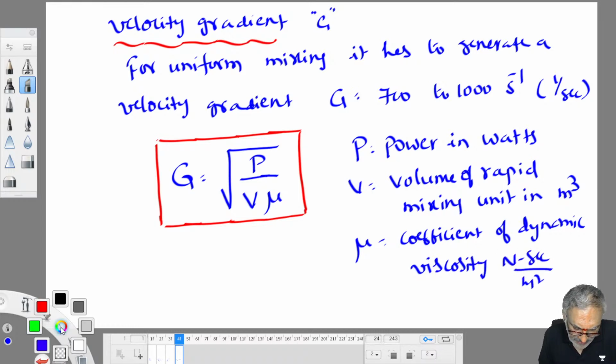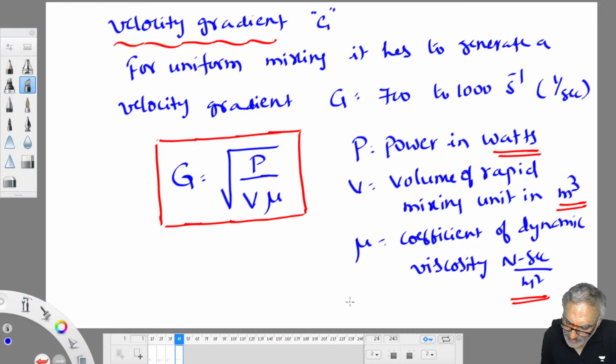If you substitute them in this unit system, you will get G in 1 by second, which we write as second inverse.